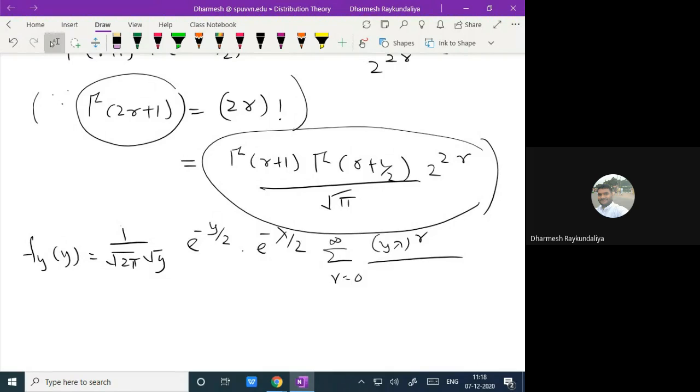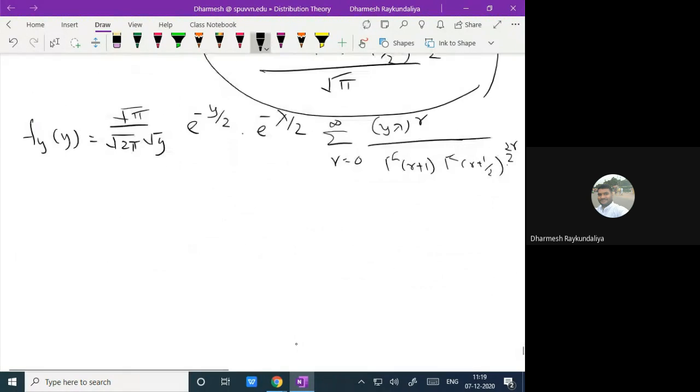I will write here root pi. And what I can write is gamma r plus 1 gamma r plus 1 by 2 into 2 raised to 2r. So if we write this, root pi will be cancelled out.